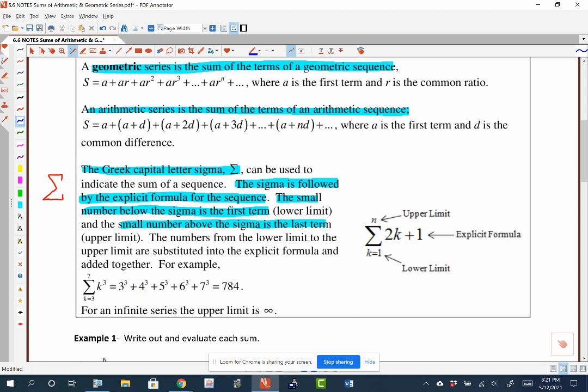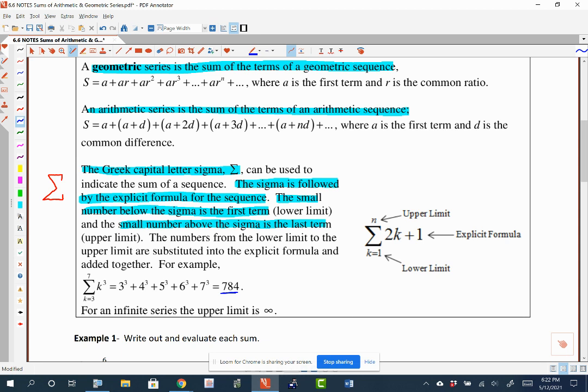Plus, this is a summation, so we're adding this together. My next value would be 4 cubed plus 5 cubed plus 6 cubed plus, and 7 is my last k value that I'm going to substitute in. So I type all of this into my calculator, and I get the summation of those 5 terms to be 784.